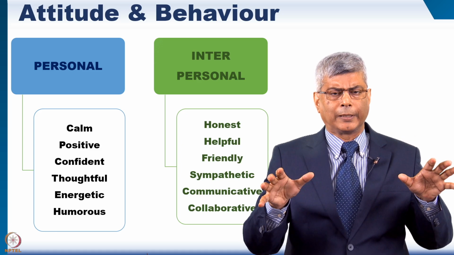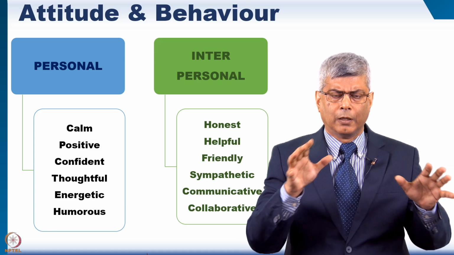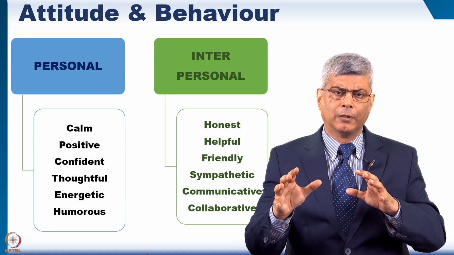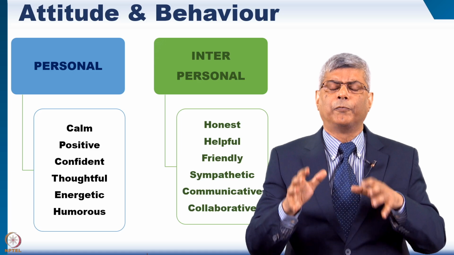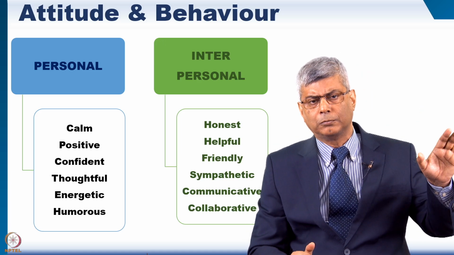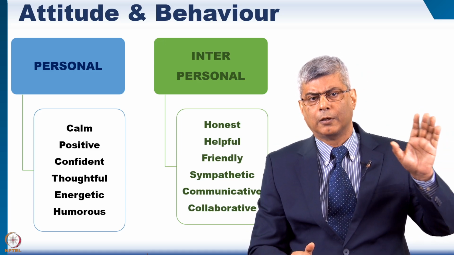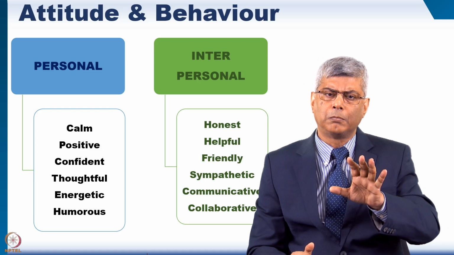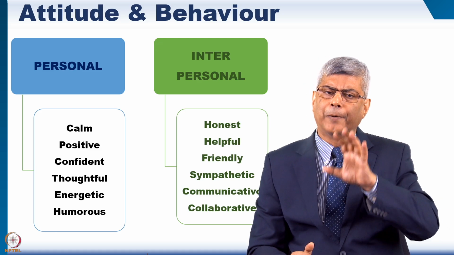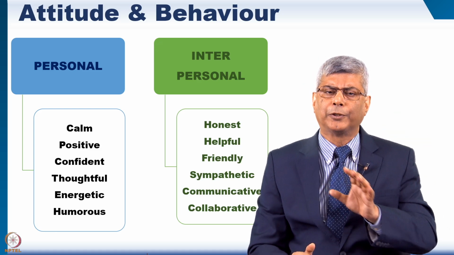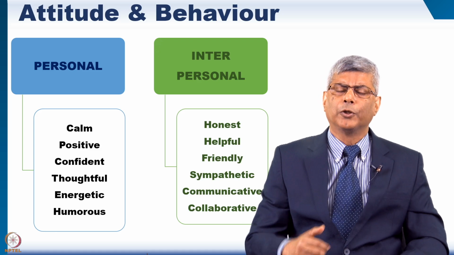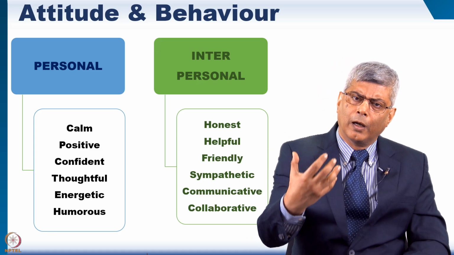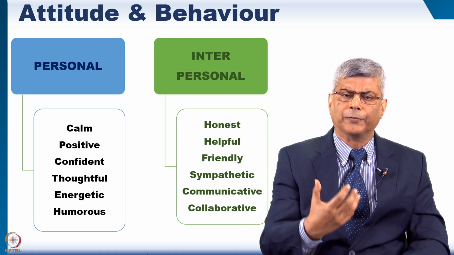And in the business world and in real life, this attitude and behavior is also very important. It's not enough just to have knowledge and be able to do skills, but you need to have the right attitude and behavior. You also need to be calm and positive, optimistic.